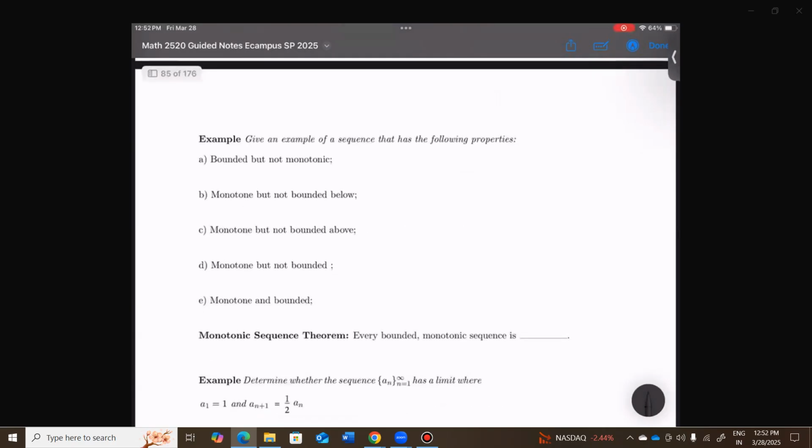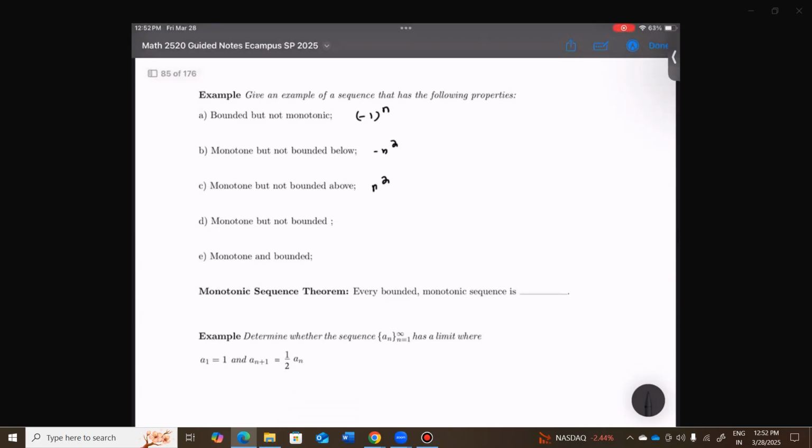Right, so some other examples: a sequence that's bounded but not monotonic, negative 1 to the n. One that's monotonic but not bounded, negative n squared. It's always decreasing. One that's monotonic but not bounded above would be n squared.